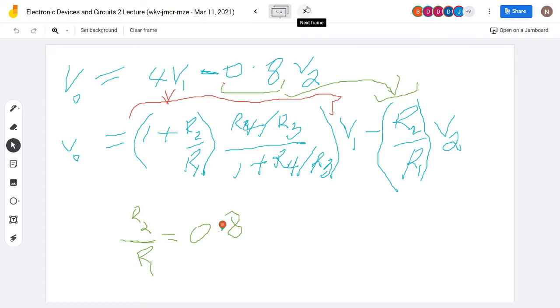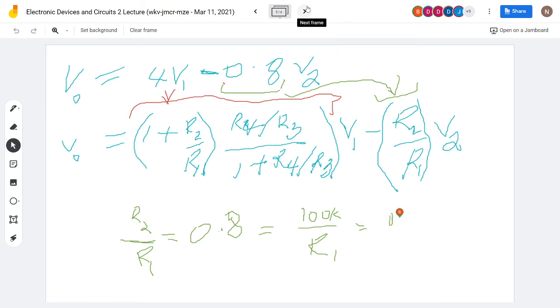And guess what? What did the hint give you? They gave you the R2 value, sir. What was that? 100K. Yes, sir. So you can use that and find R1. Simple maths.